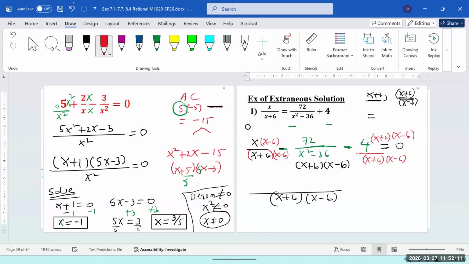And now we are happy. We have both of them on every denominator. So we go ahead and combine all the numerators, including their signs. So we have x times x minus 6, minus 72, minus 4 times x plus 6, x minus 6, and then the right side is 0.